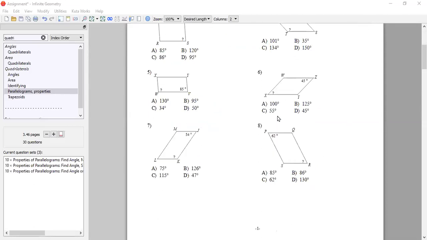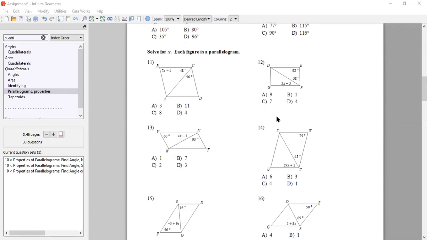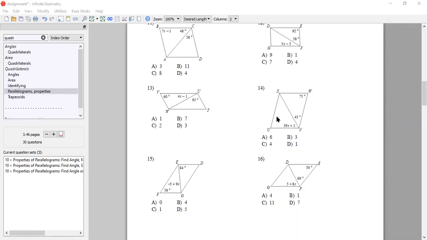Let's scroll down a little bit and look at some of the more difficult ones at the end. For example, number 13. Imagine again two parallel lines and a transversal.